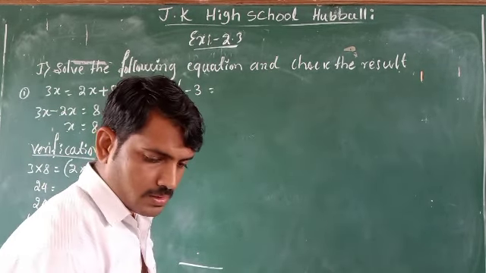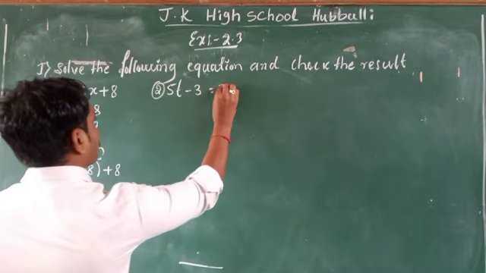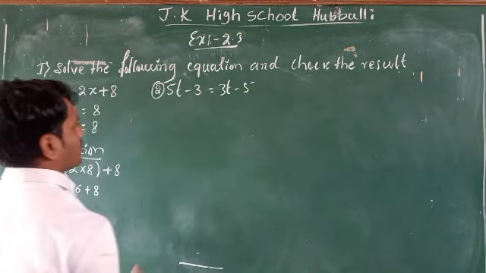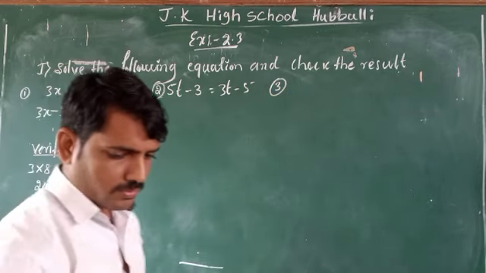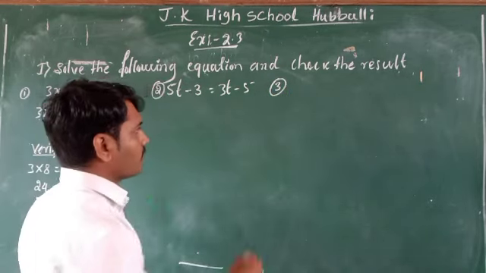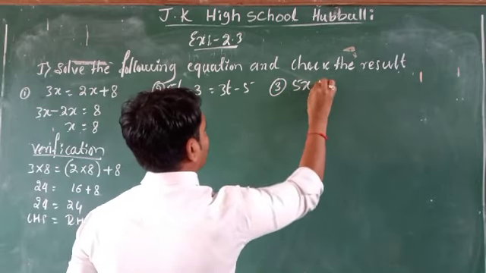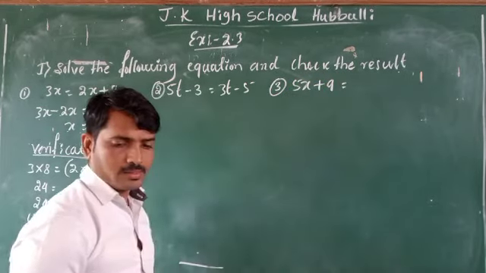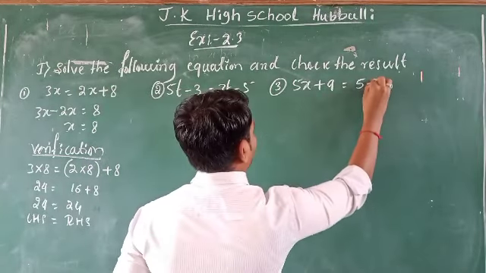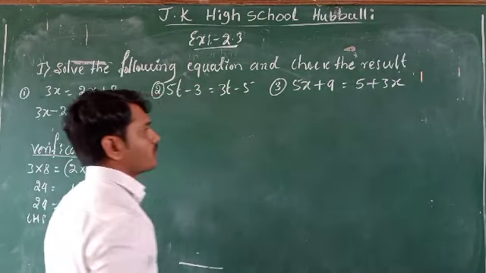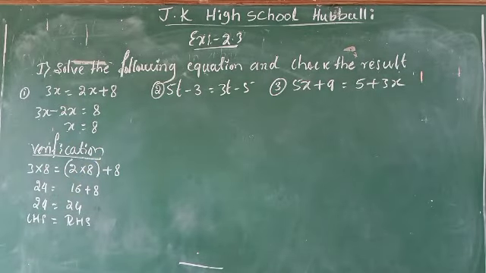Next, question number 3 is 5x plus 9 is equal to 5 plus 3x. Let us solve question number 2.